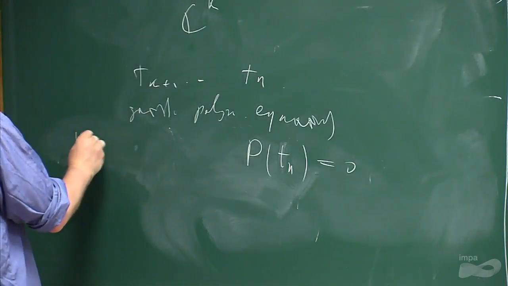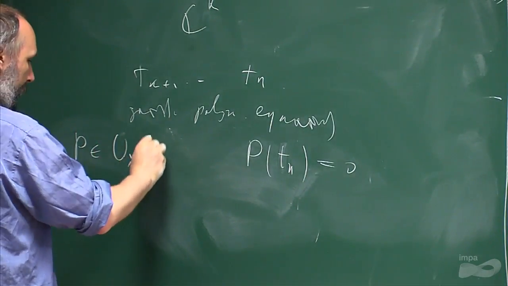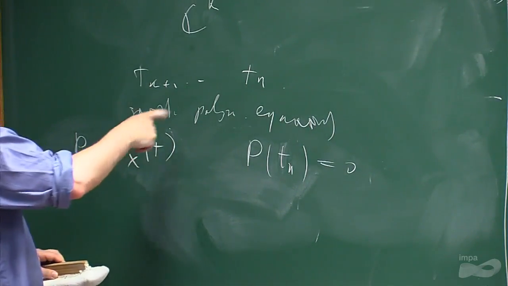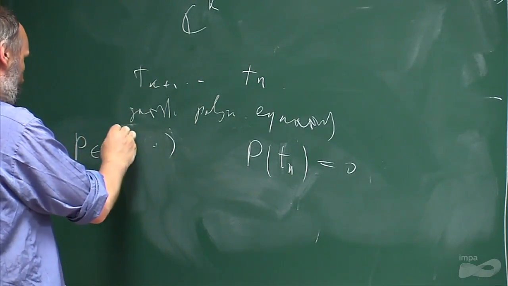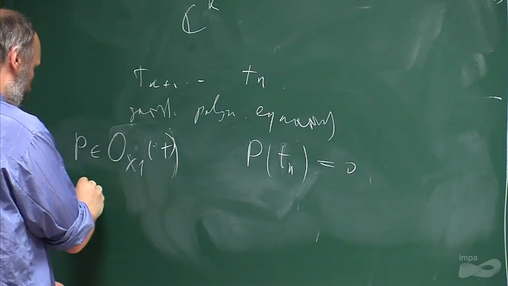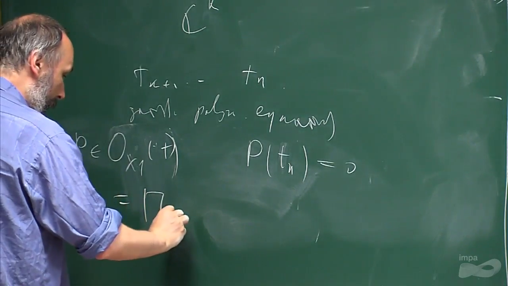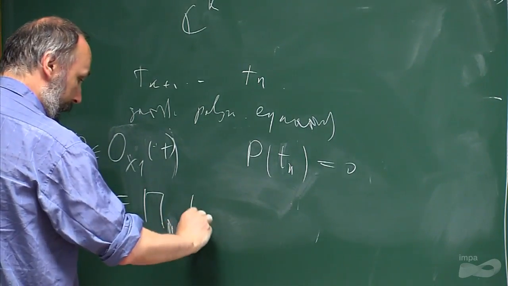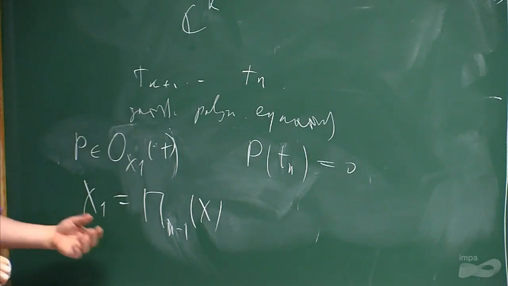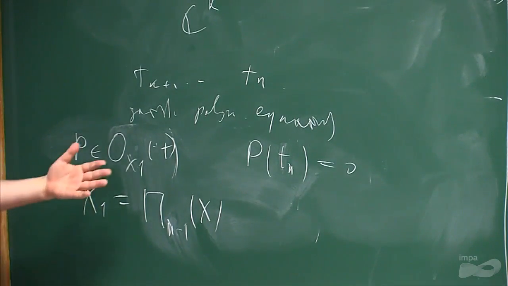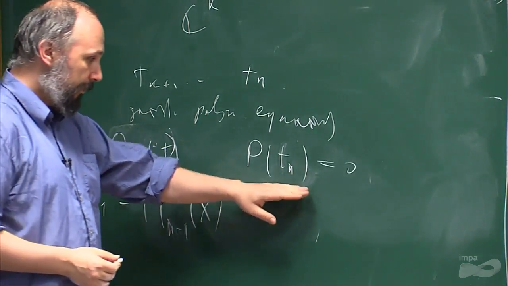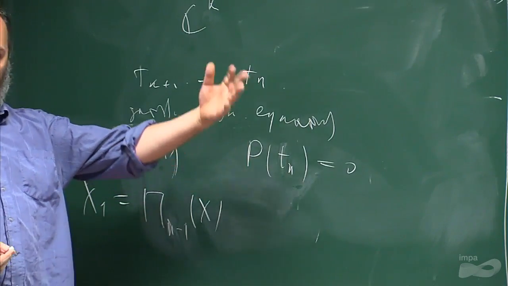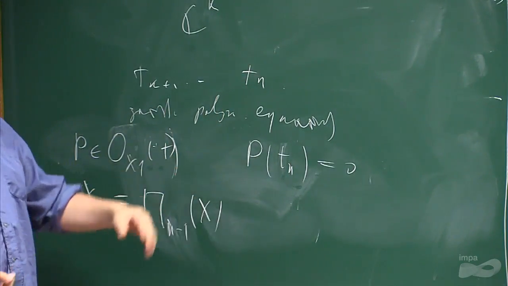You have a polynomial P inside OX1 of T, where X1 is just the projection of X to n minus 1 coordinates. So it's a subring which depends on the first n minus 1 variables. You have it because you can express the nth variable algebraically from the rest. They have an algebraic dependence.